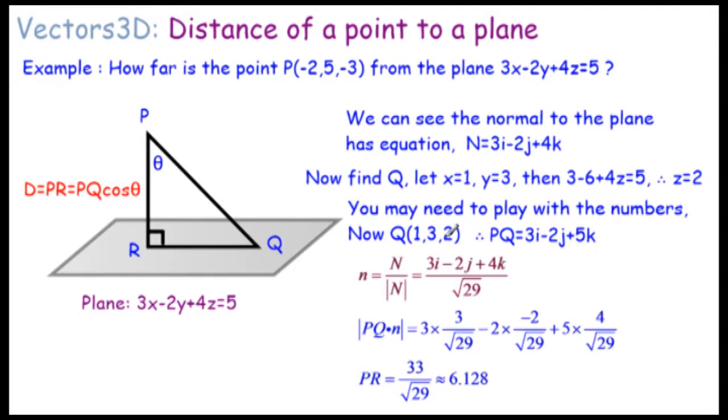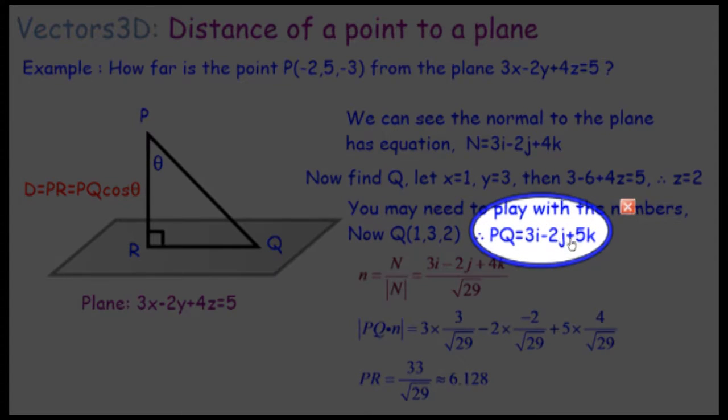Then we generate PQ. P is up here and Q is here. So it's 1 minus minus 2, which is 3i, 3 minus 5, minus 2j, and then 2 minus minus 3, 5k. So here we have PQ, our free vector.